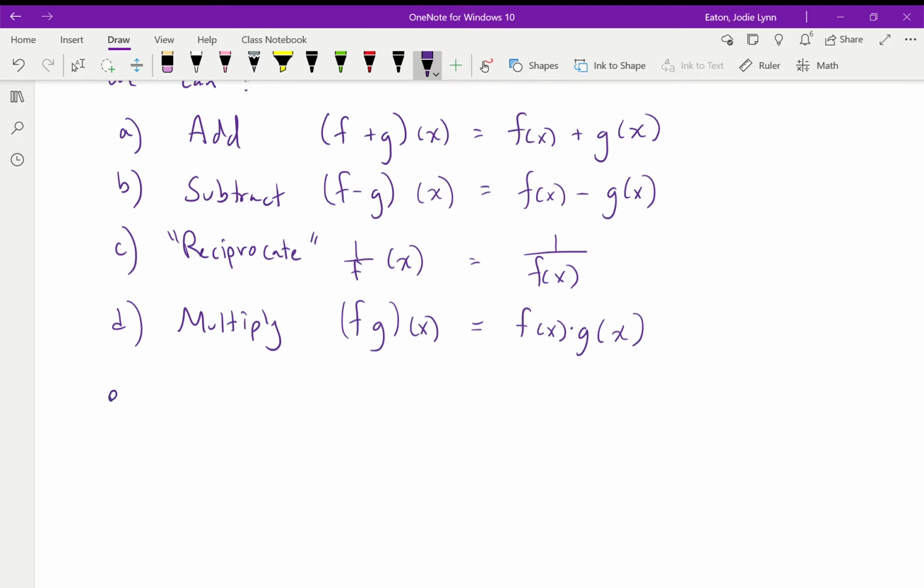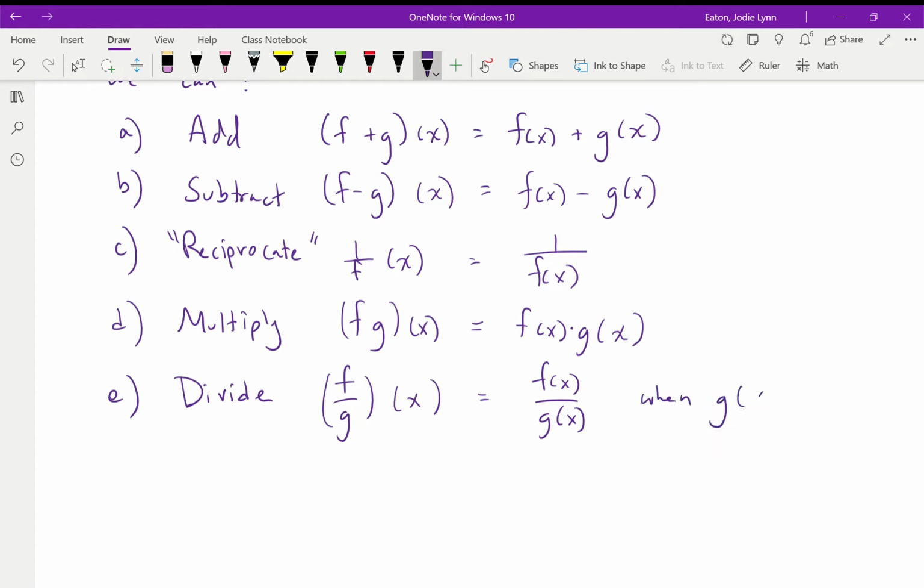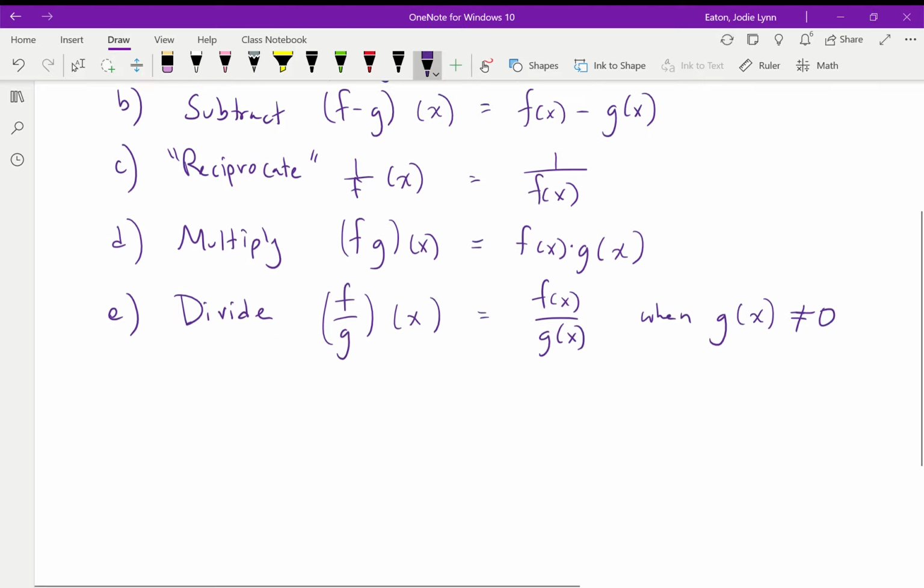We can divide them, but we have a bit of a caveat with dividing. So we can say that f over g of x equals f of x over g of x when g of x is not equal to 0. When g of x is equal to 0, this is undefined.